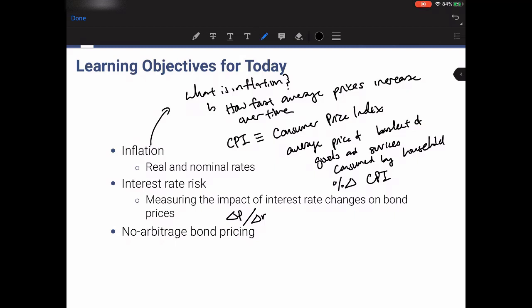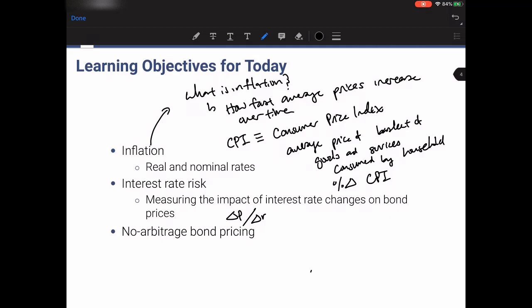We can construct such a zero coupon bond from coupon bonds by constructing a portfolio of bonds, as you will see. In that sense, we can derive a price for this hypothetical zero coupon bond and therefore get a bond yield and ultimately the term structure of interest rates that we want. All right, so that is our task today.